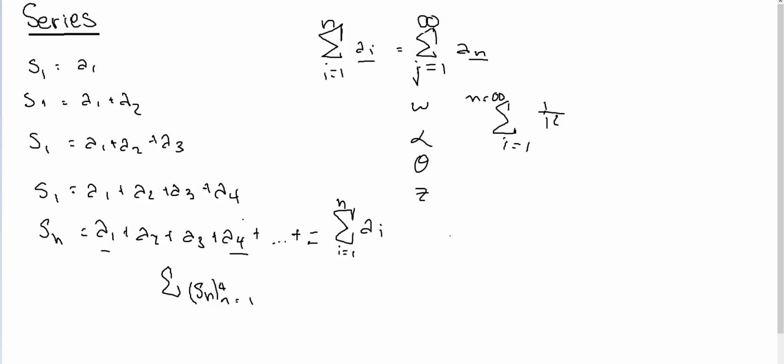So some properties of series, my apologies, are as follows. If the sigma an and the sigma bn are both convergent series, and as we learned in the previous lesson, a convergent sequence is something that approaches a certain value.